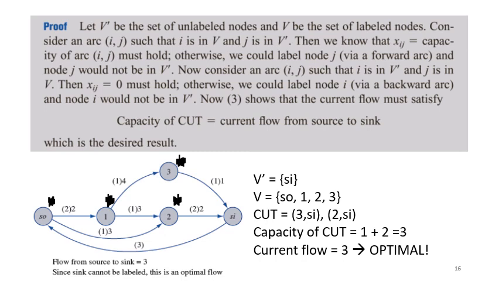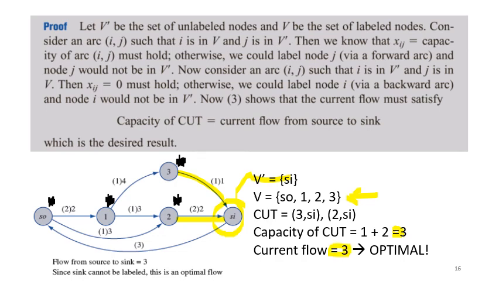So in this case, the unlabeled node becomes V prime, the sink. The other nodes that we can label become V. So the cut here is 3 to sink and 2 to sink. This is the big cut. The capacity of the big cut is 3 and the current flow is 3, so this is optimal.